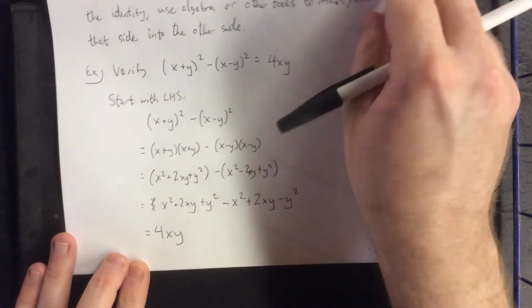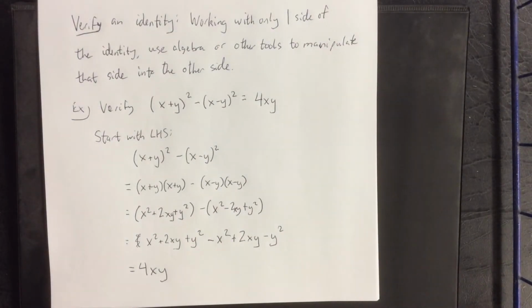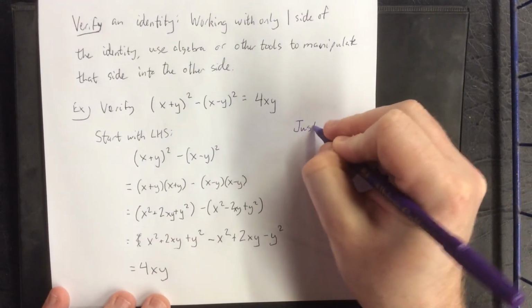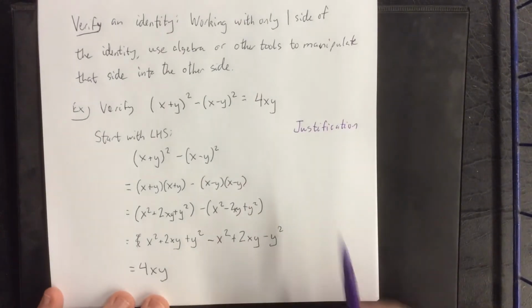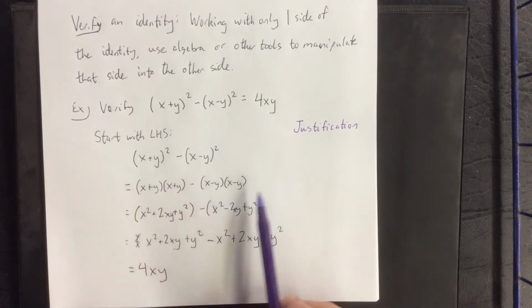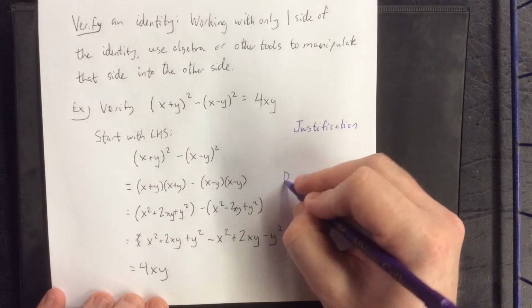Typically, when you're working with an identity, as you go from step to step, it's a good idea to justify each of your steps. Back in geometry, this would have been referred to as a two-column proof. Just because you do something doesn't mean that you don't have to explain what you did. For example, at the first step, we applied the definition of what it means to be squared.